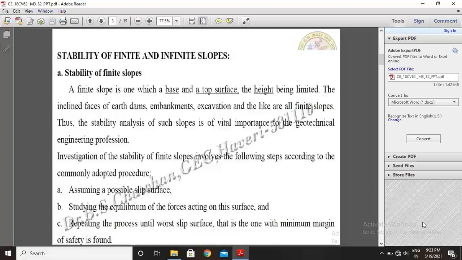And repeating the process until the worst slip surface, that is the one with minimum margin of safety, is found. These procedures are adopted to investigate stability of finite slopes. So the possible slip surface, equilibrium of the forces and worst slip surface are important parameters for stability analysis.